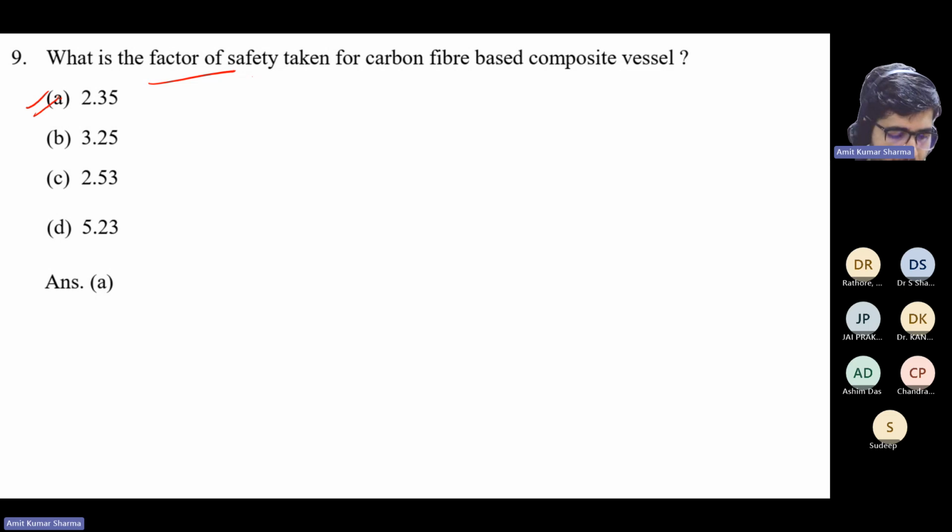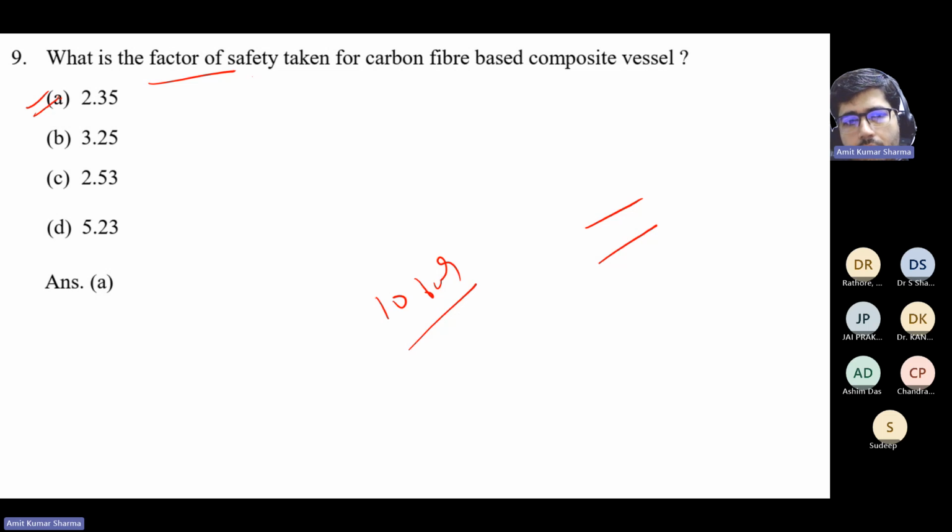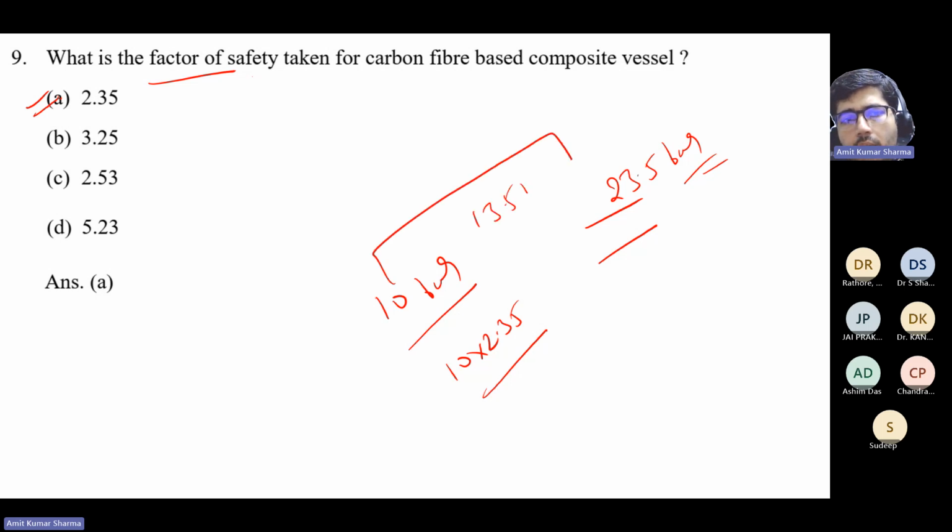Factor of safety basically means that your operating pressure is, suppose, 10 bar, but your pipeline material should be able to handle 10 into 2.35, up to 23.5 bar. So this is the margin. From 10 to 23.5, you are keeping 13.5 bar as a margin. Up to this pressure, your pipeline will not fail. Your material will not fail.